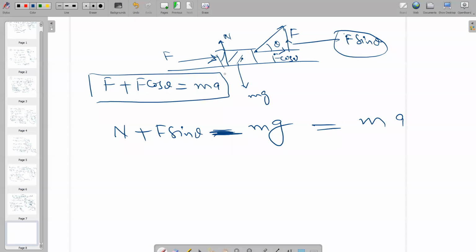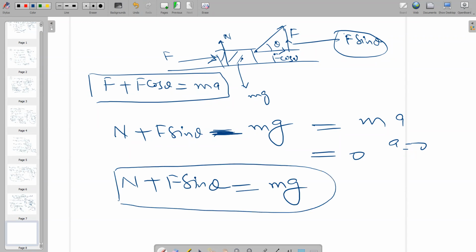The body is not moving in the vertical direction. So acceleration will be 0. If acceleration is 0, this term is equal to 0. So the equation will become N plus F sin theta is equal to mg. So this is your equation for this system.